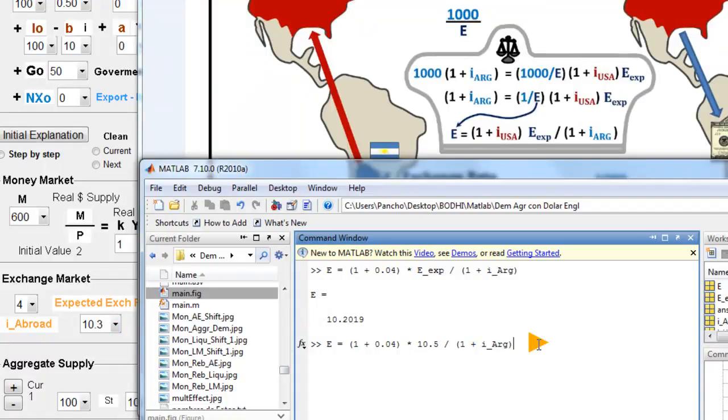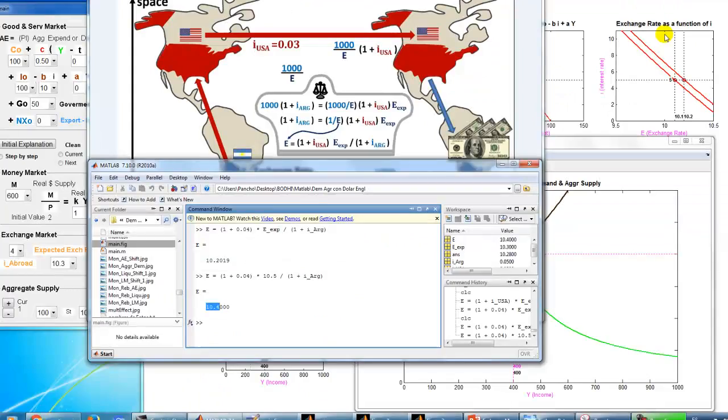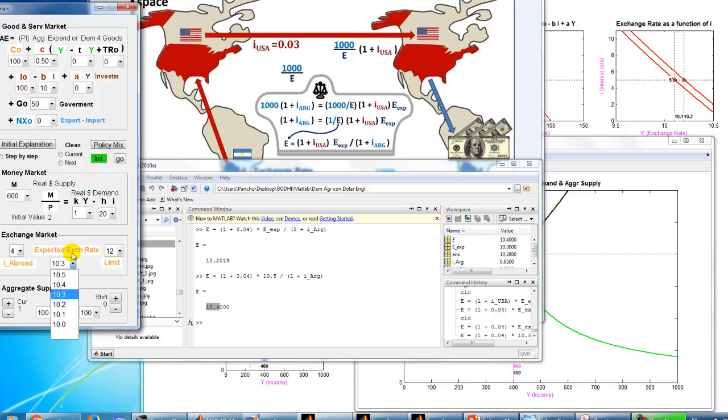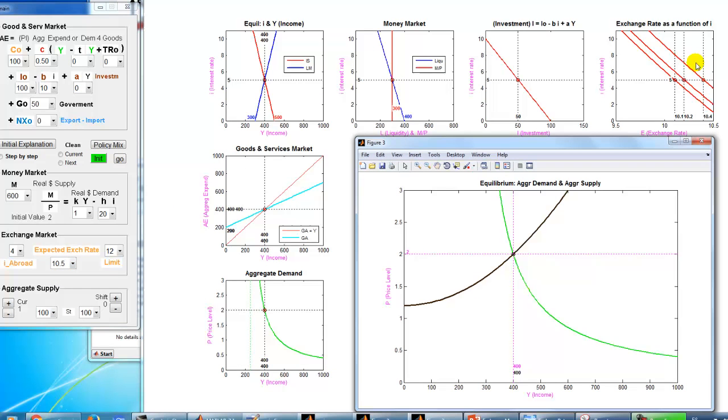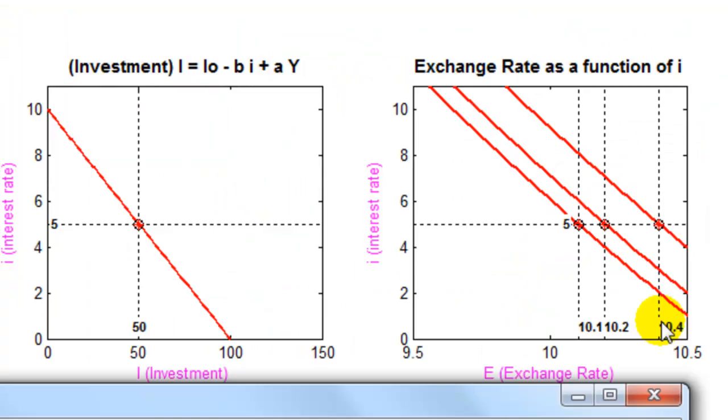Here what we should get is that the exchange rate goes up to 10.4. So it should end up very close to 10.5. So if we increase the expected exchange rate from 10.3 to 10.5, then what we get is 10.4.